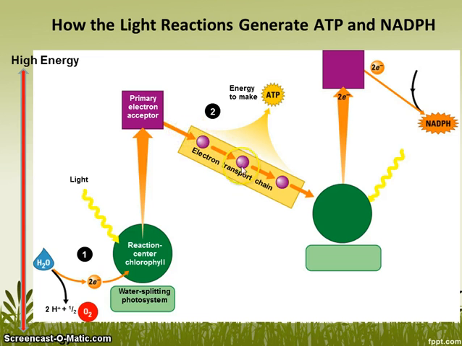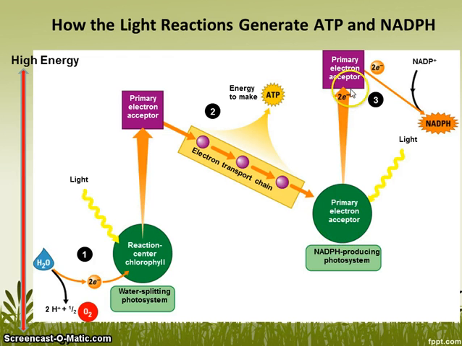In the second stage, it undergoes the electron transport chain. During this stage, that's when ATP is formed. From there, it goes to photosystem 1, where the hydrogen gets energized again, and then it undergoes another transport chain, which gives the end product of NADPH.